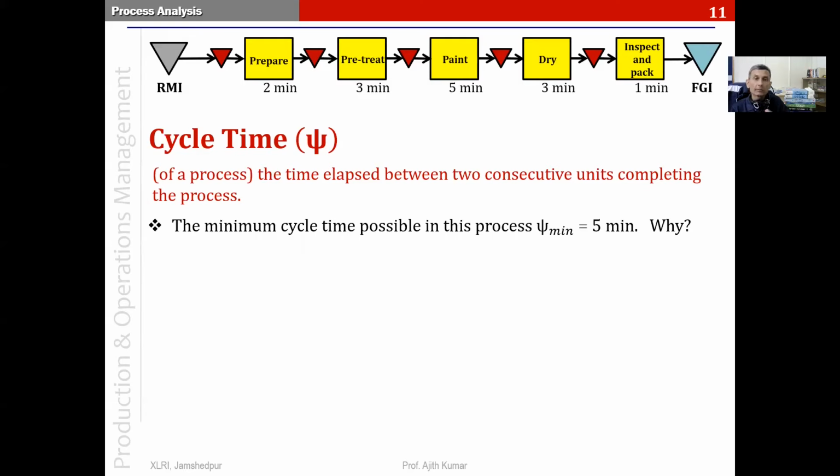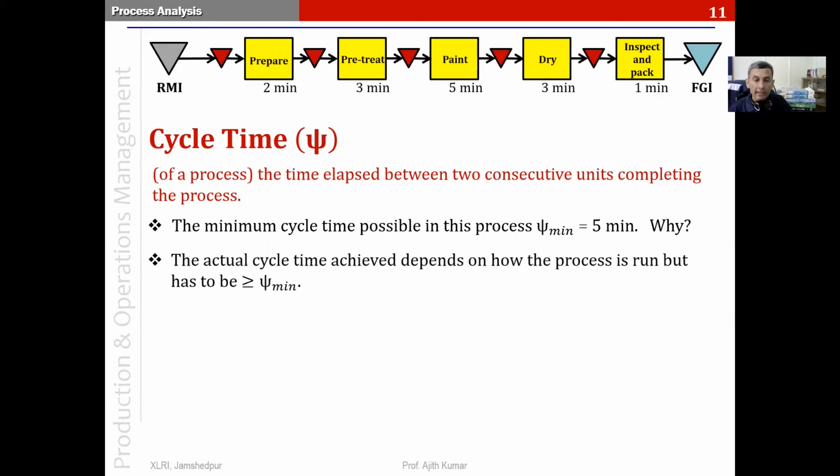Well, that depends on how the process is run, but you can definitely say that the minimum cycle time possible, the minimum time between two consecutive units, psi min, is 5 minutes. It can't be less than 5 minutes. And this is because the paint step can output a successive unit only after 5 minutes.